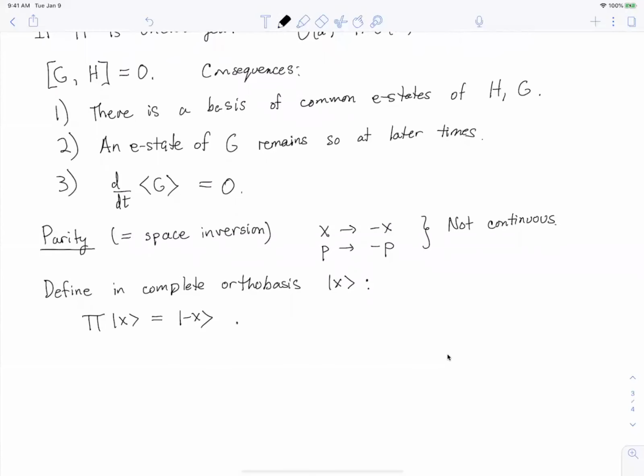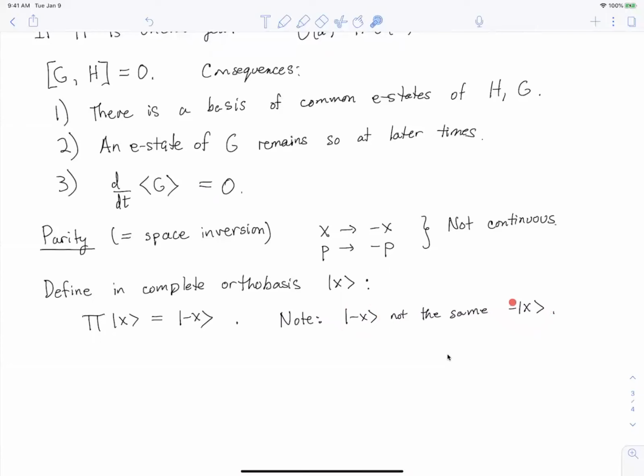The other thing I want to caution you is to be careful, because this state minus x is not the same as minus the state x. They're completely different things. This state minus x is where the particle is known to be at the position minus x, whereas in this state, the particle is known to be at x, not minus x.